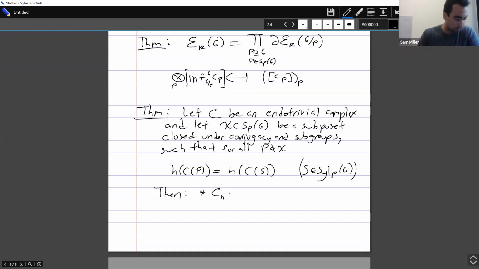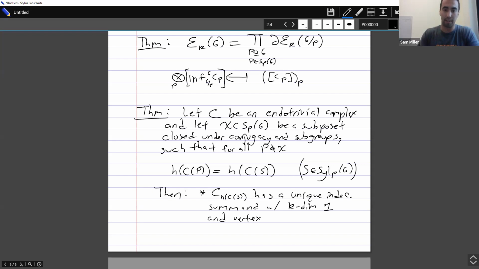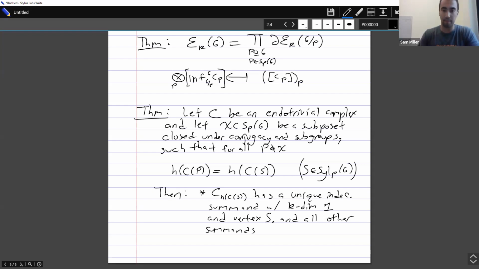C at HCS, the HCS index of C, has a unique indecomposable summand with K dimension 1 and vertex S, and all other summands have vertices in X.